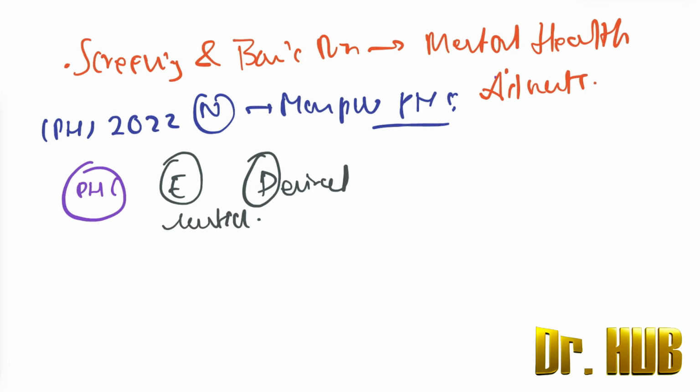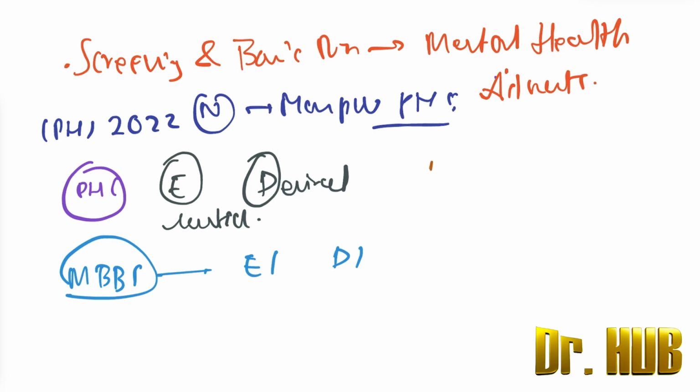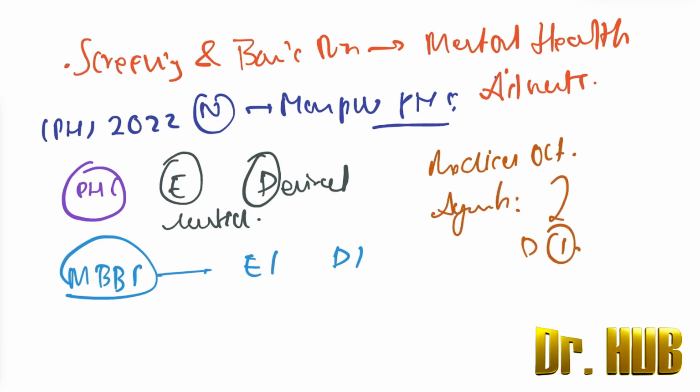Now we'll be writing in short. Medical officers, that is MBBS: E1 and D1, the essential is 1 and the desirable is 1. Next, the medical officer Ayush: here the desired will be 1. Then the medical officer of dental: here the desired is 1.